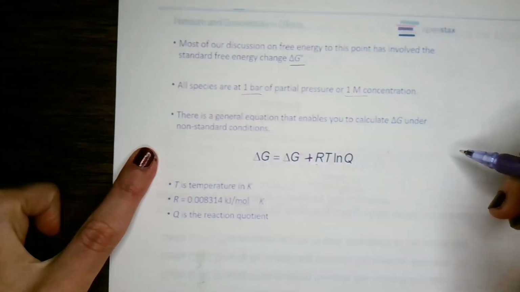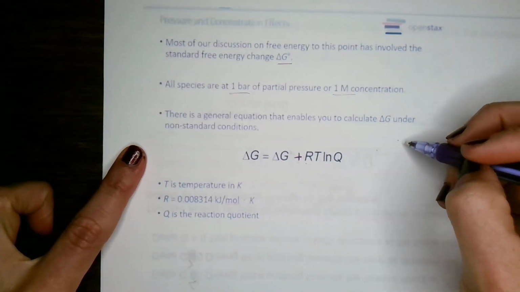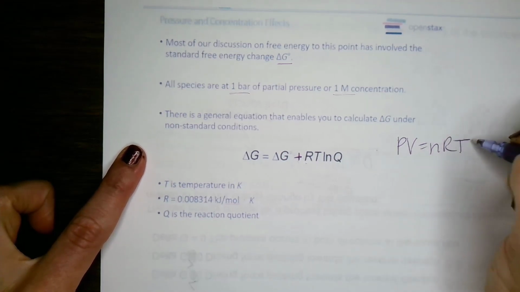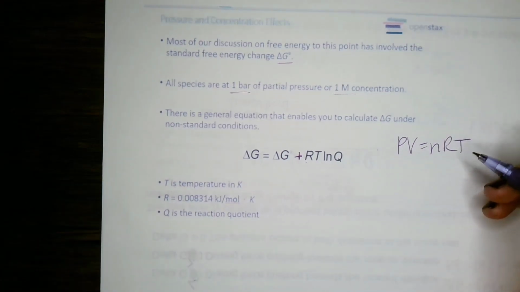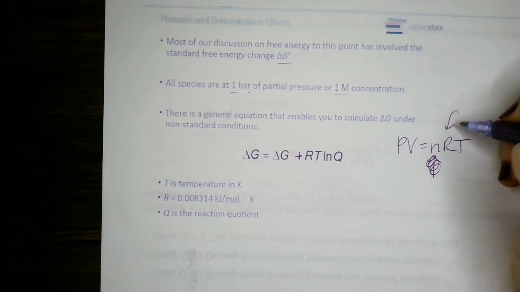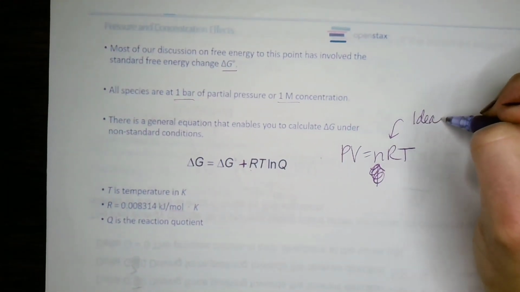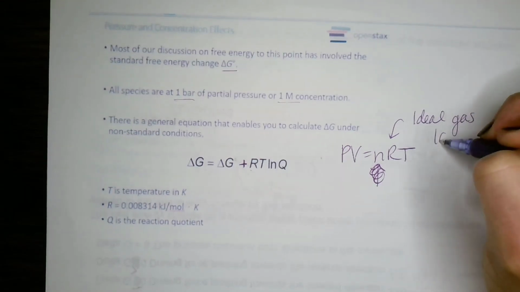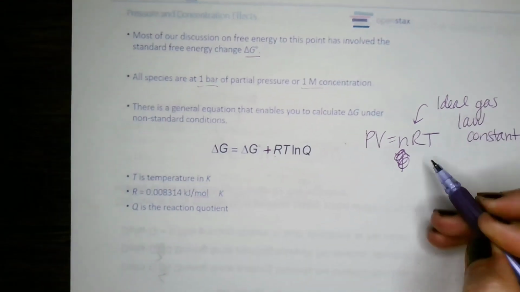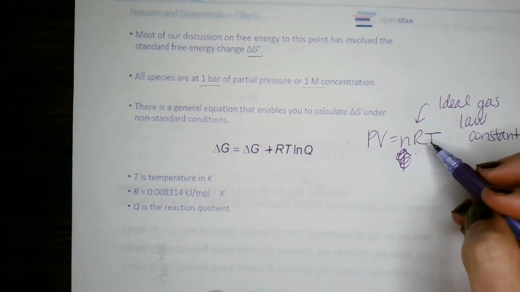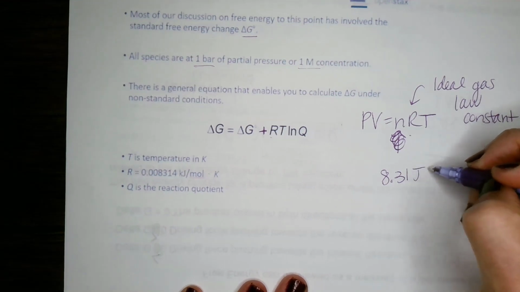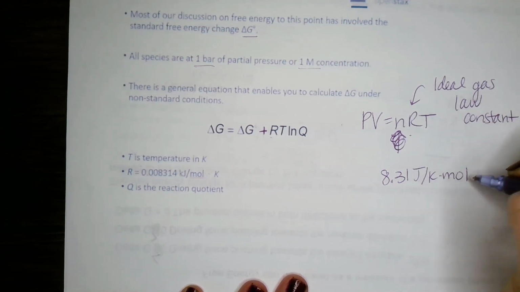So where does this R come from? Do you remember back in Gen Chem 1 where we learned PV equals nRT? This was the ideal gas law. I don't want to point to n, I want to point to R. This is our ideal gas law constant. That R is 8.31 joules per Kelvin mole.